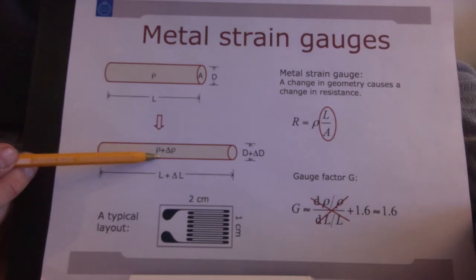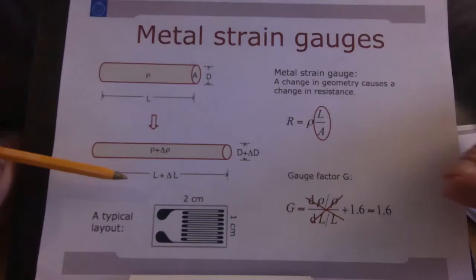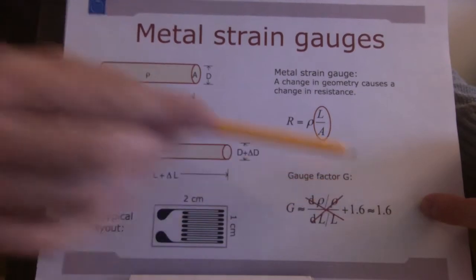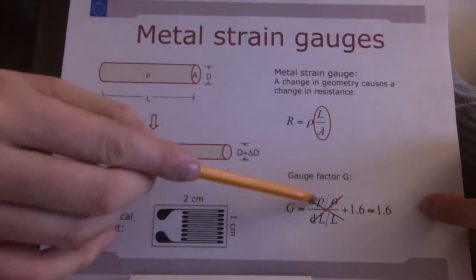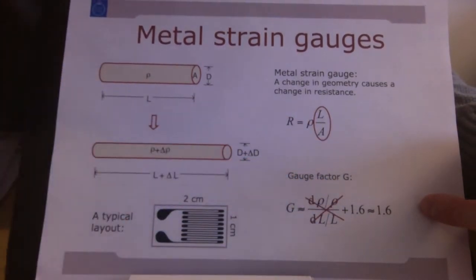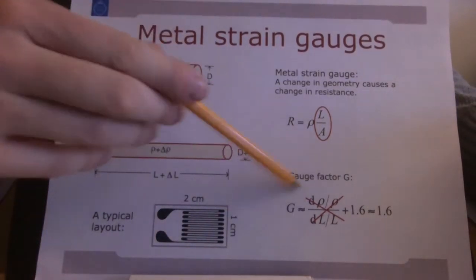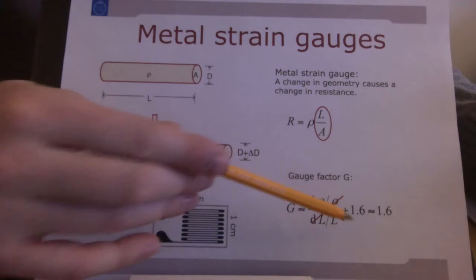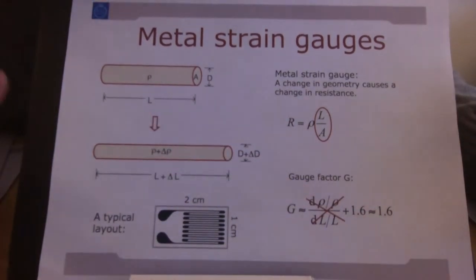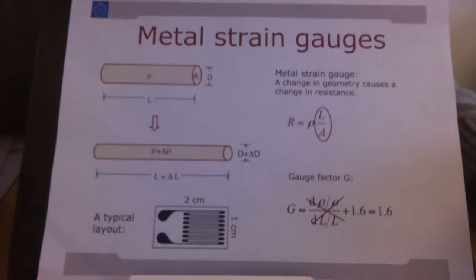It's not because I pull my metal and deform it that I get a different resistivity or conductance of the material itself. Sure, the geometry changes, and that's this factor 1.6 here, but this change here will be 0. So for any metallic strain gauge, the gauge factor will always be around 1.6. No matter what metal I use, it will always be more or less the same.